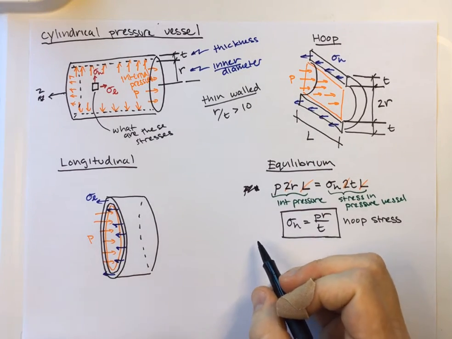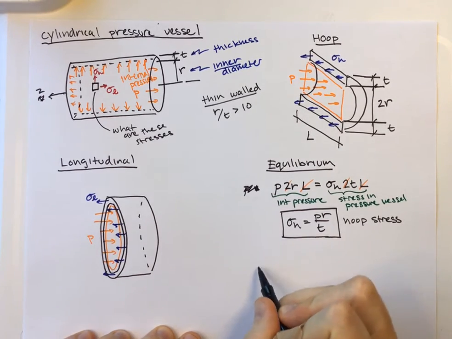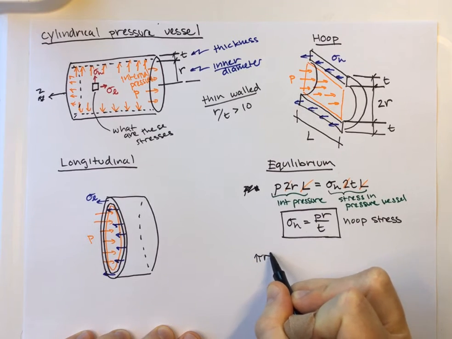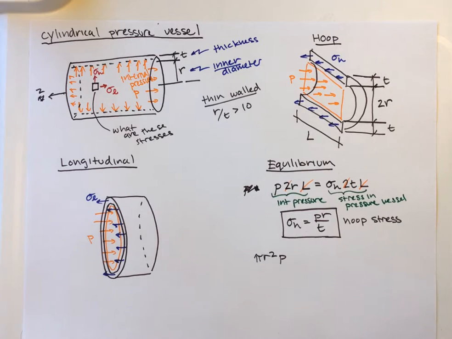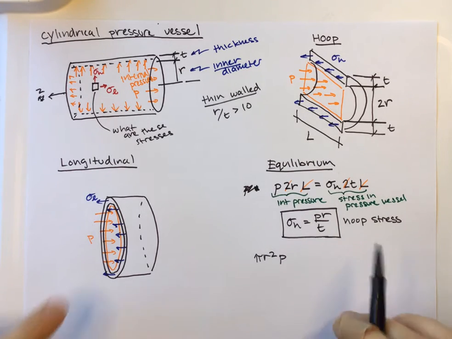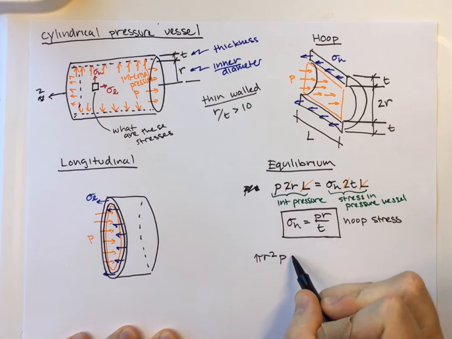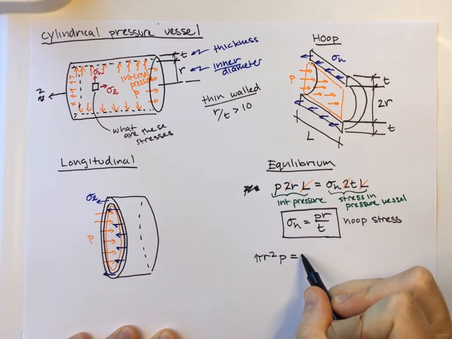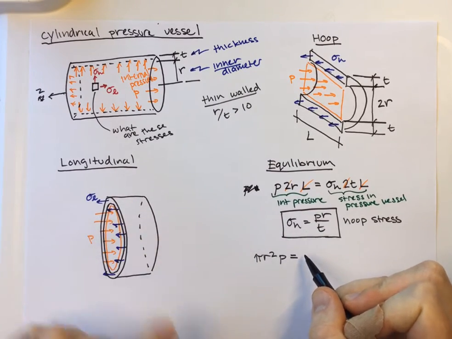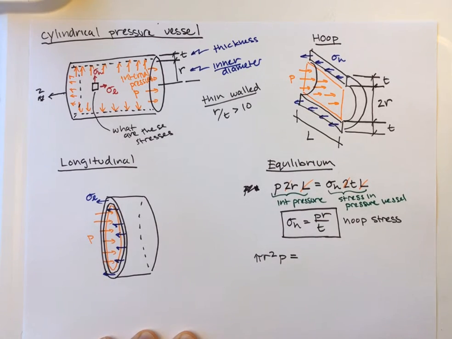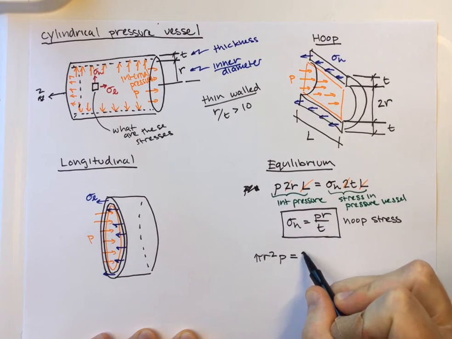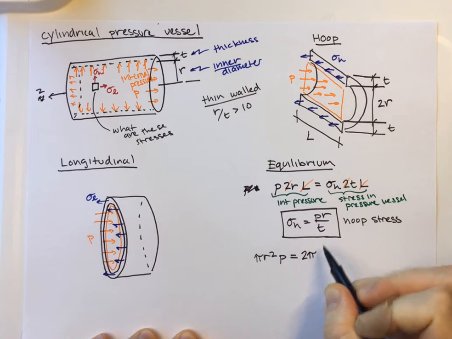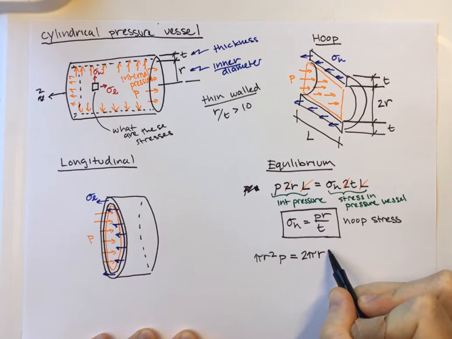If we look at the pressure, we need to figure out the area, so that's pi times r squared times P. That would be the force from the pressure, and it needs to equal the force coming from our pressure vessel. Here's one of the tricks you get to use with a thin-walled pressure vessel: you can assume that the area is just 2 pi r, the circumference, times t.